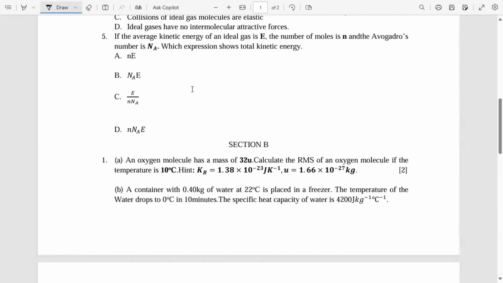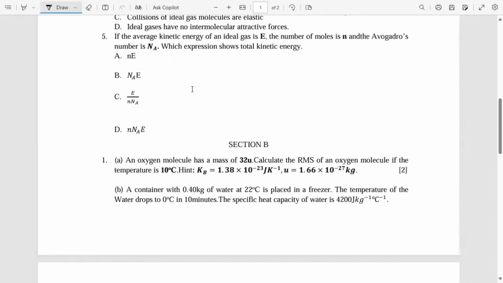They've said E is the average kinetic energy of a single molecule. And what do we do in order to calculate the total number of molecules? The total number of molecules will be related to the number of moles and the Avogadro's constant.